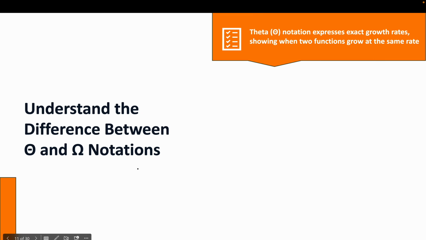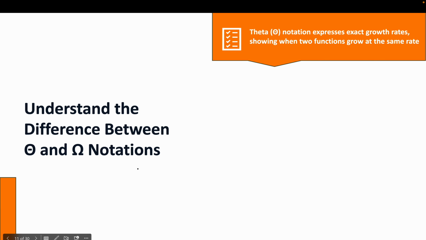If you want to better understand the complexity of an algorithm, we have different notations. Besides the upper bound, we have theta and omega notation. Theta notation expresses the exact growth rate, and it shows that two functions grow at the same rate.